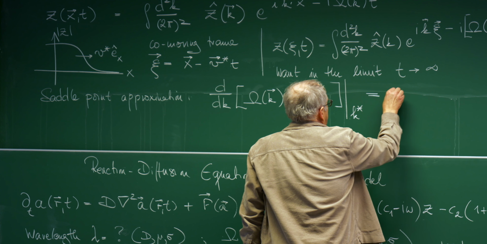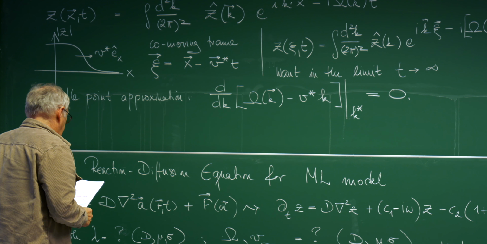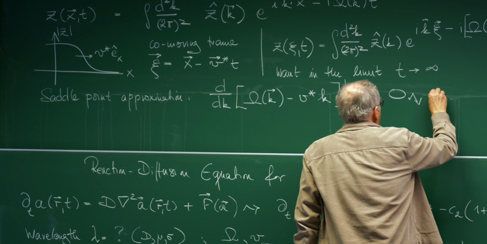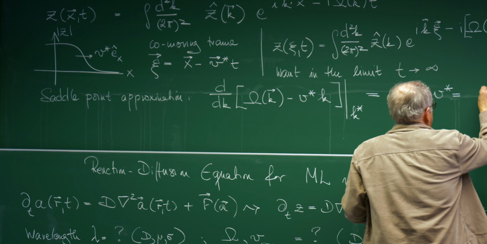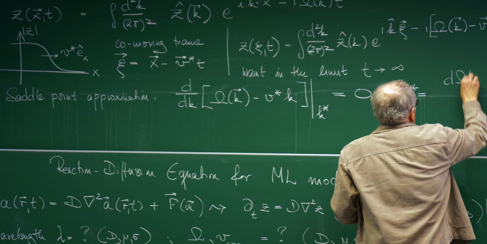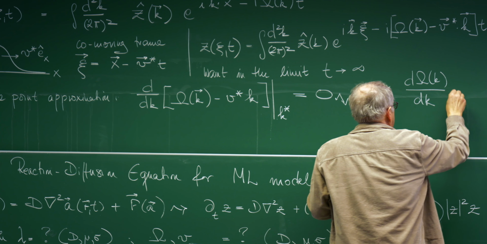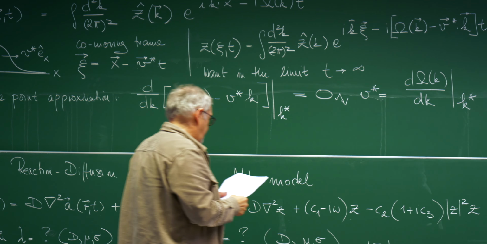And for this to have a significant contribution, the phase needs to be stationary. So that means I can invert or solve that for v star. I know what the velocity is. It is the derivative of omega of k with respect to k, evaluated at our saddle point.